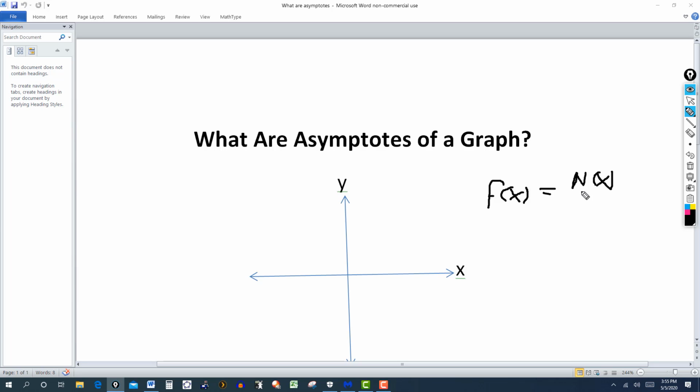The denominator, I'll define it by d, is a polynomial. And of course we want the denominator not to equal 0. So d of x cannot be 0.